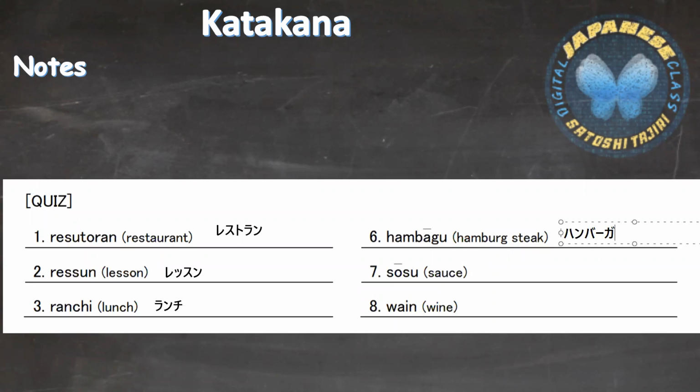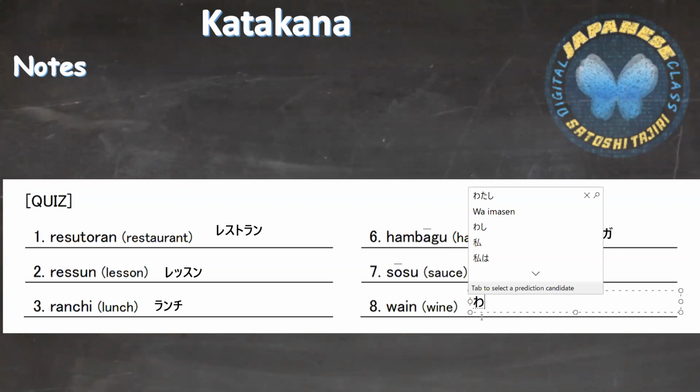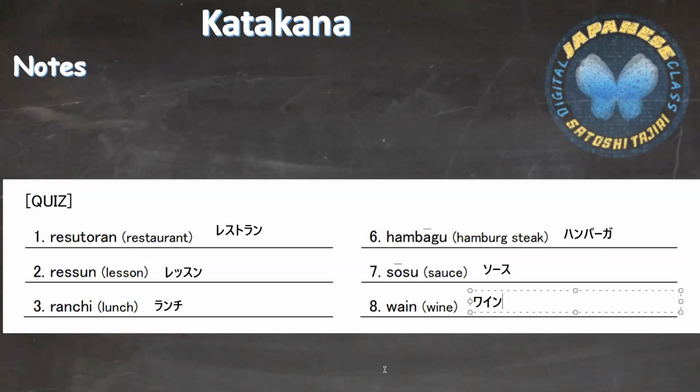Hamburger, hamburger steak, no line here on that one. Earlier we already wrote this word. We have our sauce, and we have our wine for this one. There you go. We already cover all the basics of our katakana.